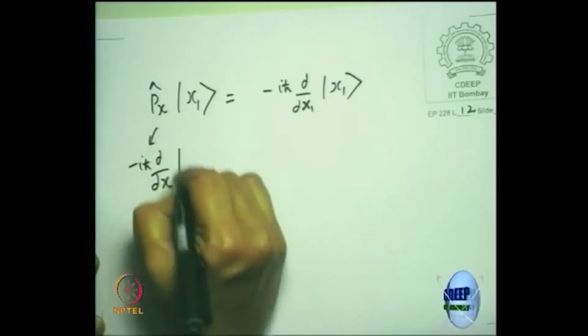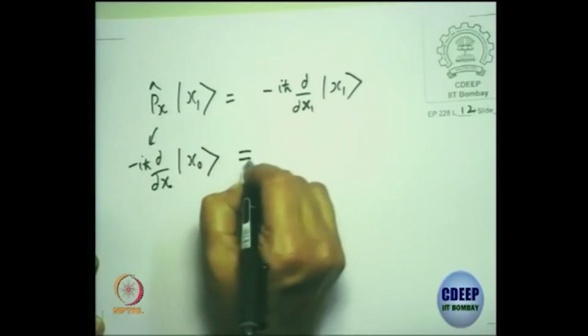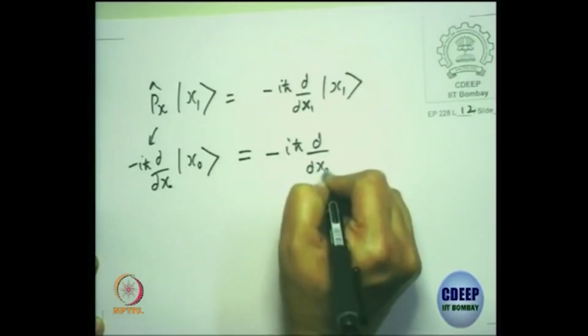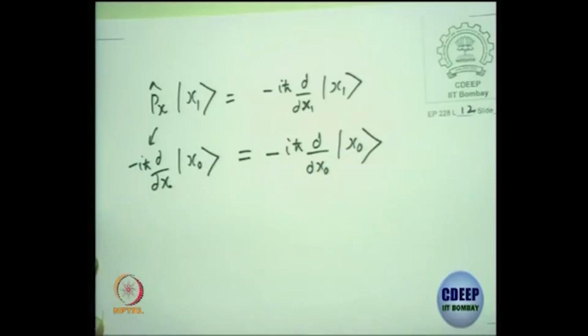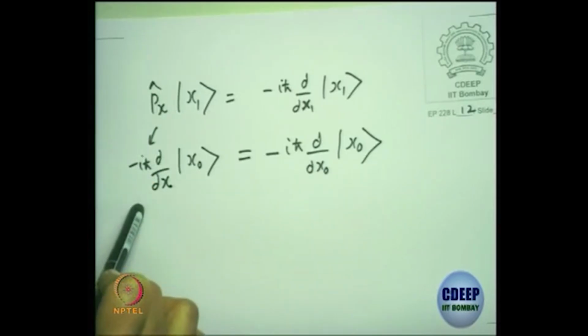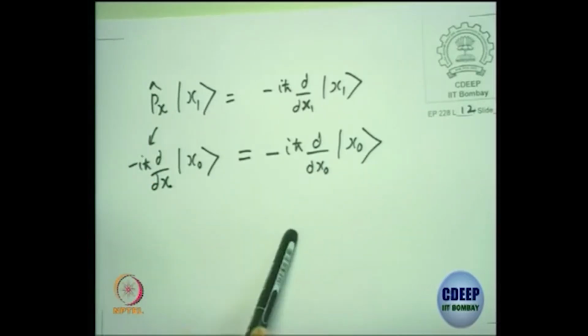When it hits x naught, it will give me minus i h cross. So we have given a position representation for the momentum operator, which is a differential operator.